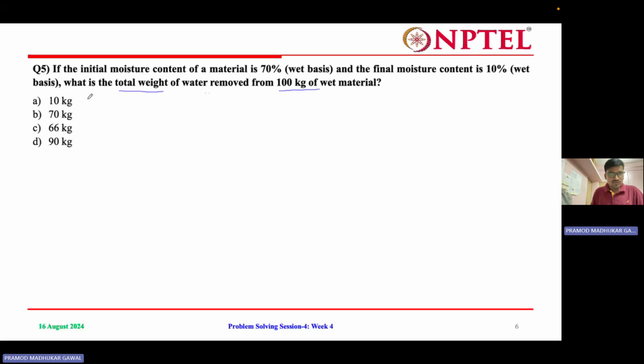First calculate the initial moisture content, which is 100 into 0.7.